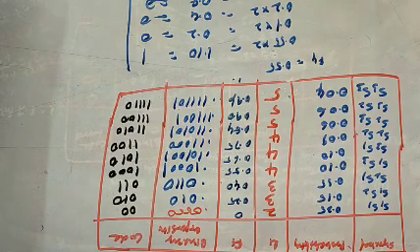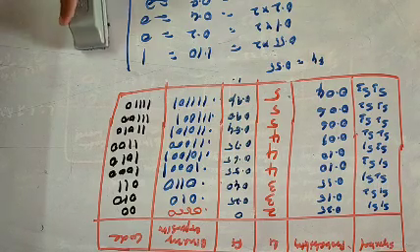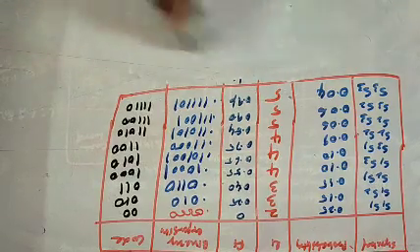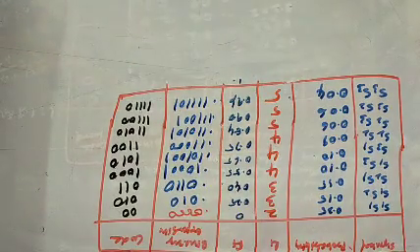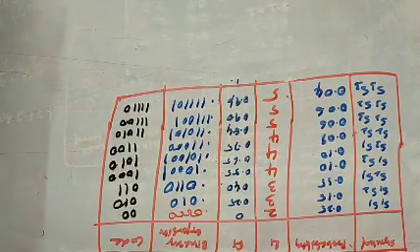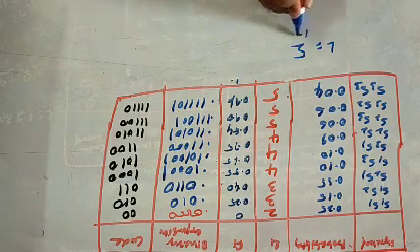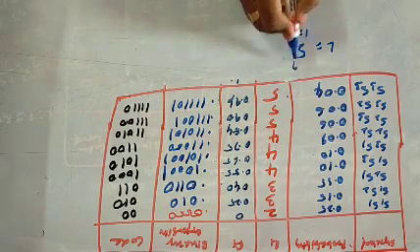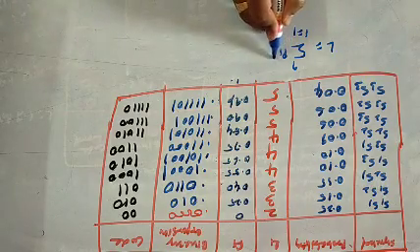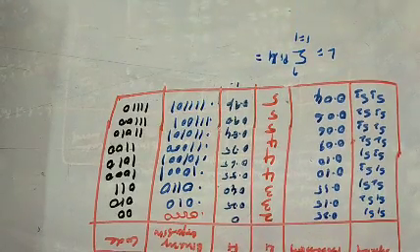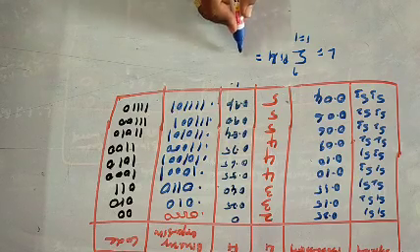Now you have to find the efficiency for this type of coding. We know that first you have to find the average length, L, which is the summation for i equal to 1 to 9 symbols of Pi into Li.